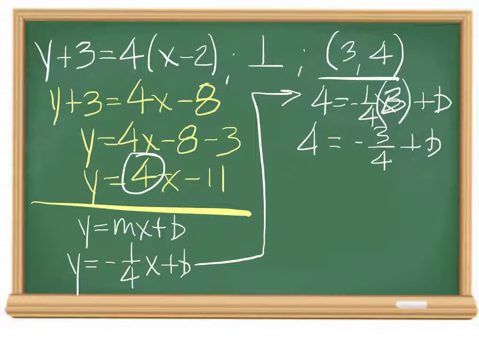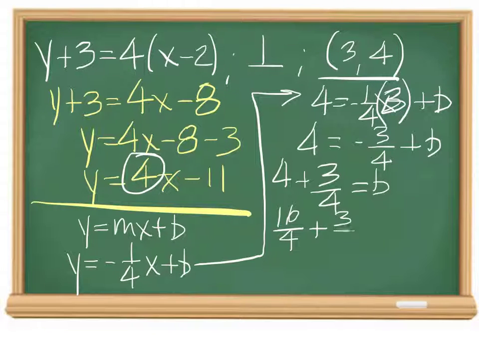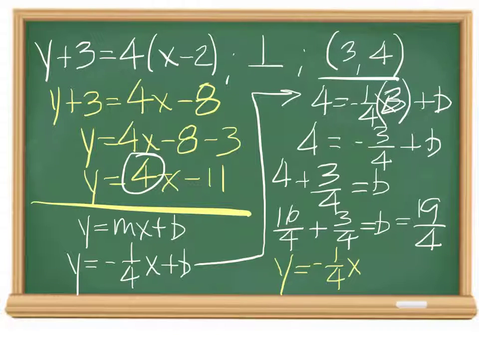And move the negative 3/4 to the left and make it plus 3/4. And the common denominator is going to be 4, so that's 16 over 4 plus 3 over 4, and that's going to be 19 over 4. Your final answer is y equals a negative 1 over 4 x plus 19 over 4.